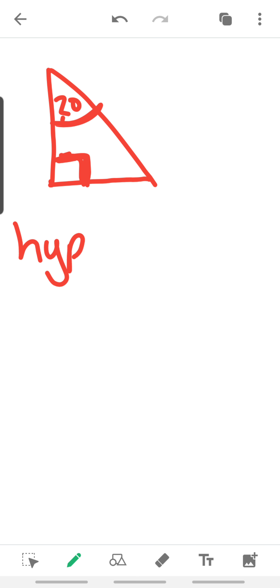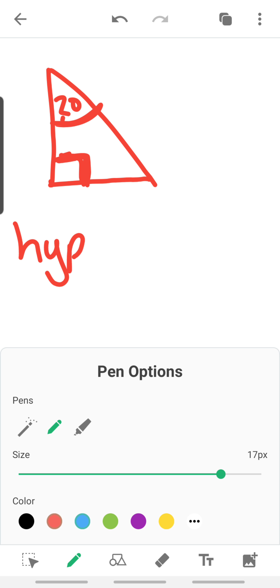So let's say this is our right angle triangle. But this time, let's say our given angle is located here. So let's say this is 20 degrees again. Now you realize that in this case, our hypotenuse actually remains the same because we know that the hypotenuse is that same side that is opposite to our right angle.